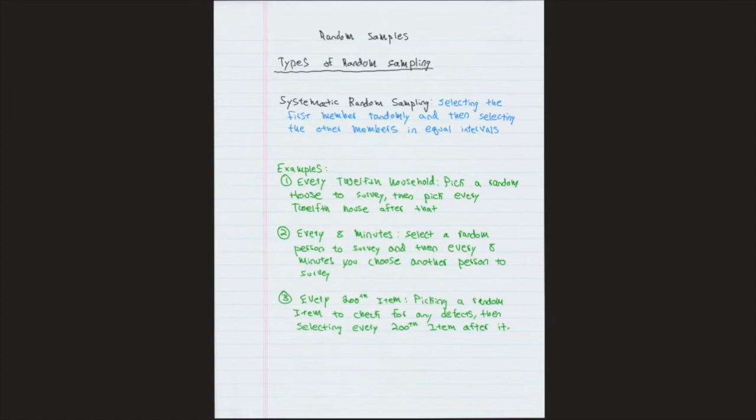If they find a defect, then probably that round of making those phones, they're going to take those off and make sure that that round or even that day that they checked, all of those phones are working. So that's a systematic way of checking for defects.